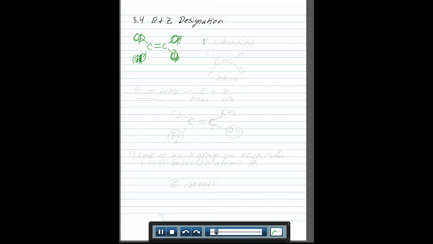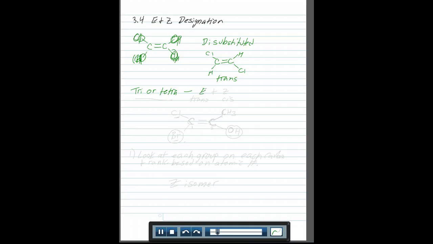If you have a di-substituted double bond, so if you have Cl, Cl, like that, you use the cis and trans way of naming it. So this would be a trans. If you have tri or tetra substituted double bonds, you no longer use cis and trans.